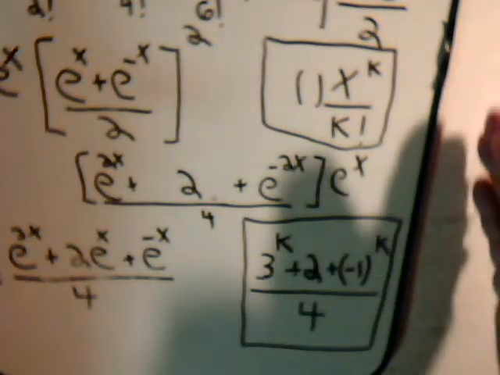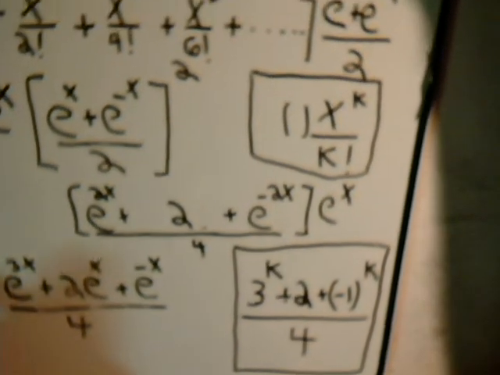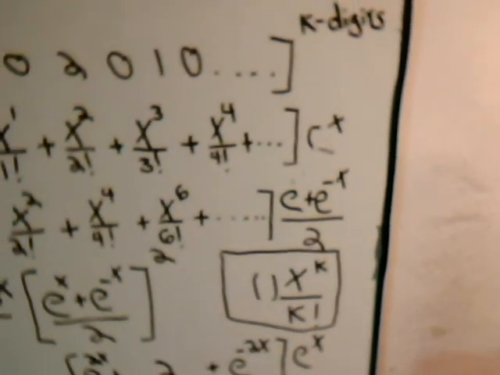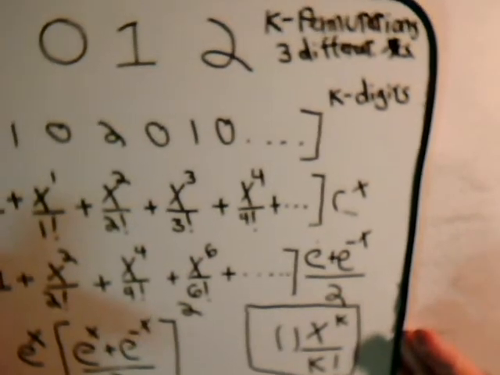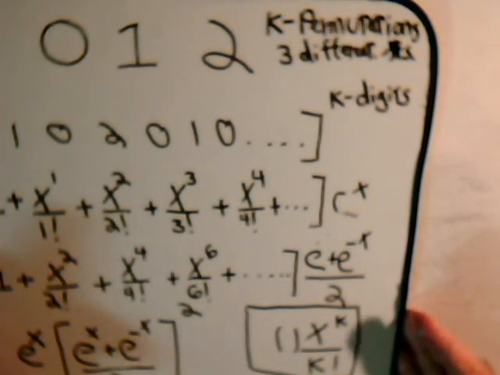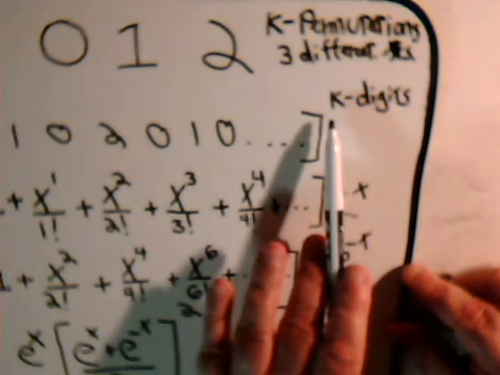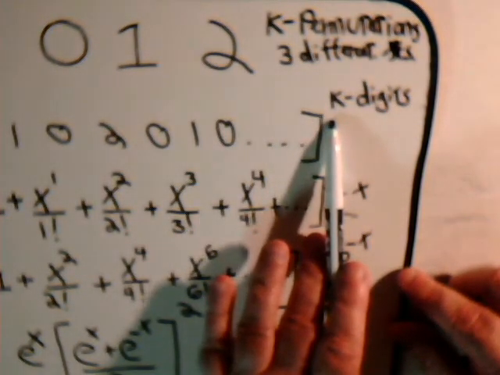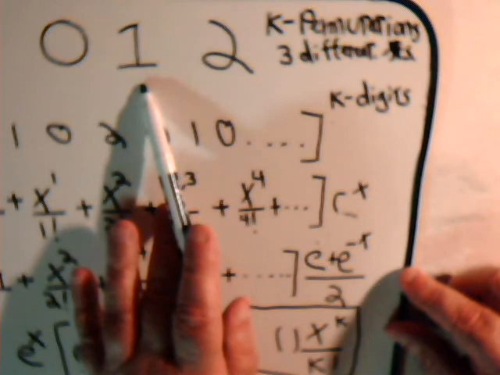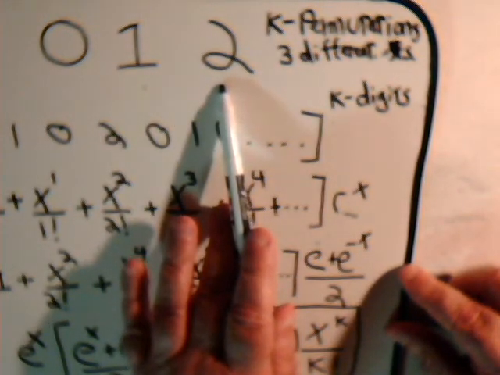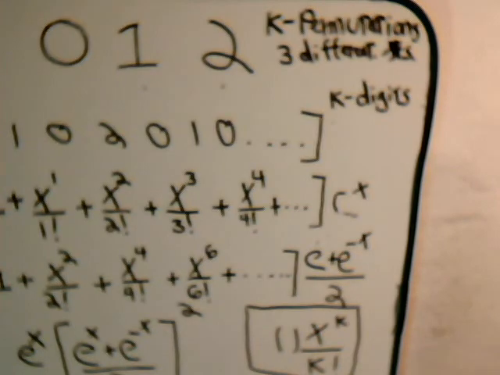So, for example, if we said, well, here we have these three digits, 0, 1, and 2, and we want to form, say, a 6-digit number, and when we do it, the 1 has to be used an even number of times, the 2 has to be used an even number of times. How many ways can we do that?